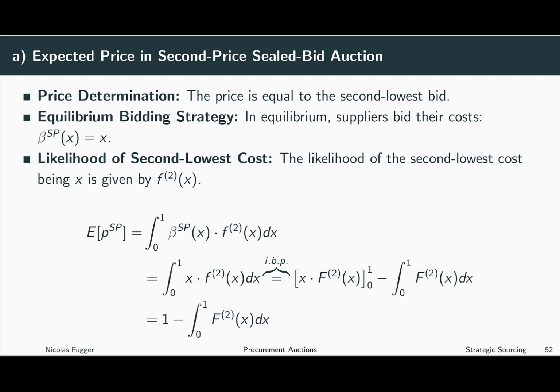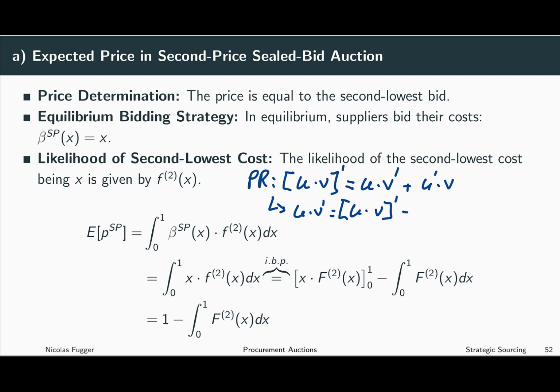And then we use integration by parts to get from here to here. Remember, integration by parts is the reversal of the product rule, and the product rule says that the derivative of u times v is equal to u times v prime plus u prime times v, and we can then rewrite that as the integral of u times v prime is equal to u times v minus the integral of u prime times v.